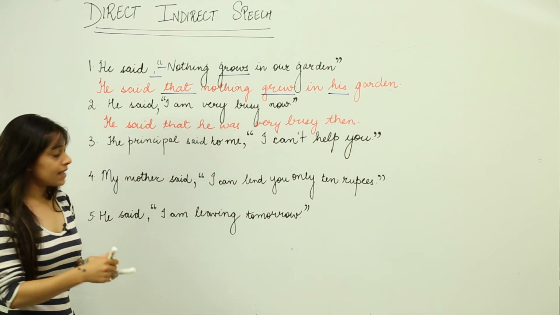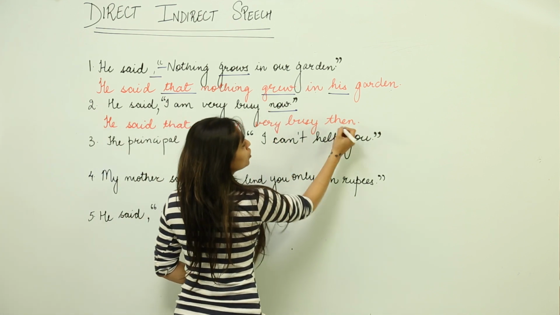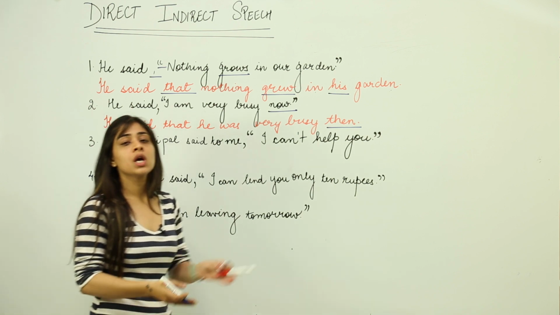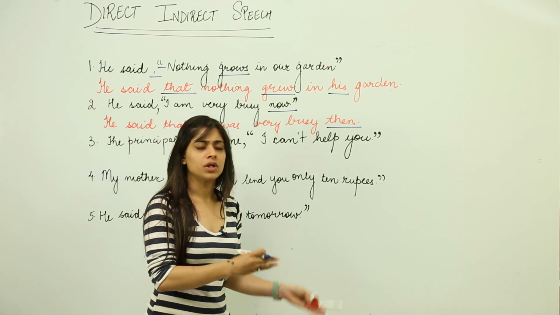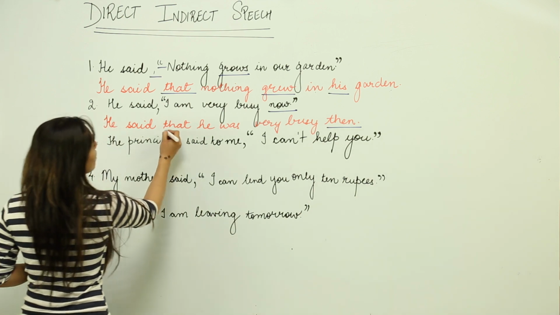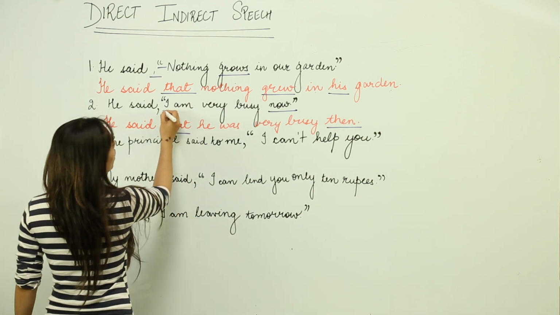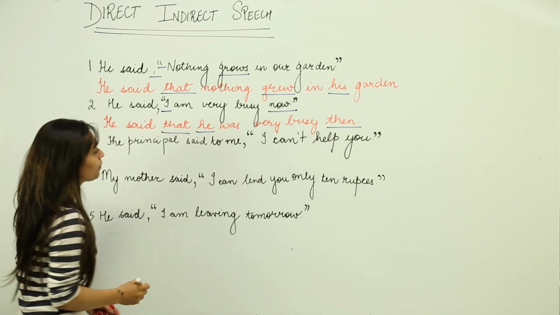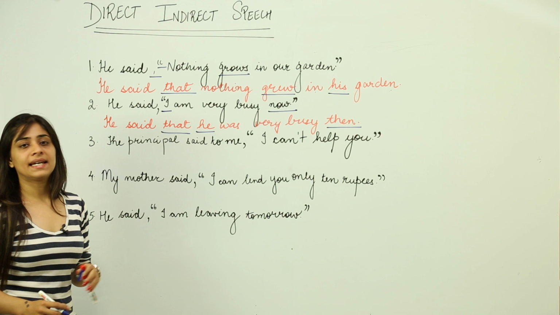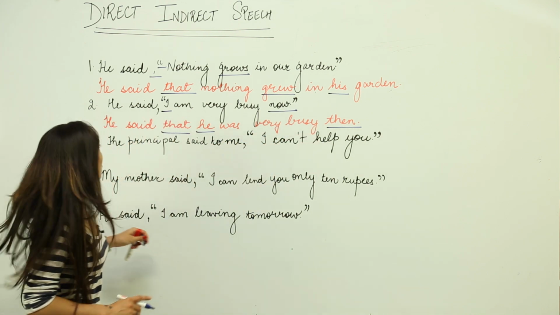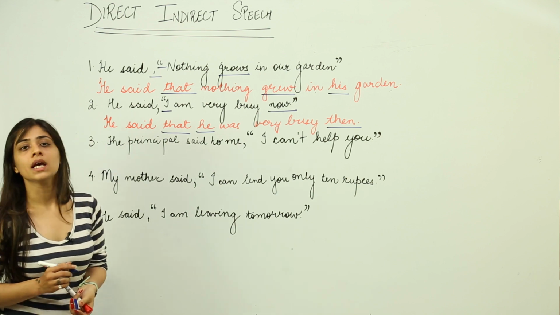Now let's understand, we converted now to then as per the rules because certain words need to change from future to past tense. In terms of this sentence, we have added that. We've converted the first form of first person to the second person, and this sentence becomes he said that he was very busy then, a reported speech of he said I am very busy now.